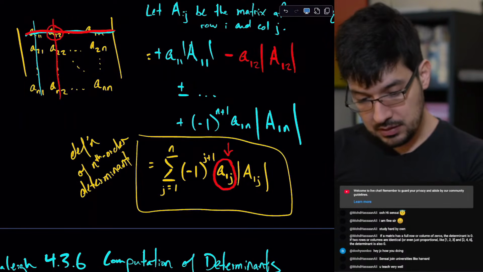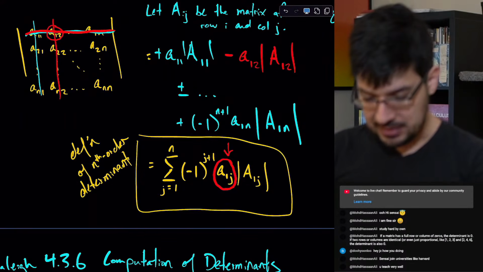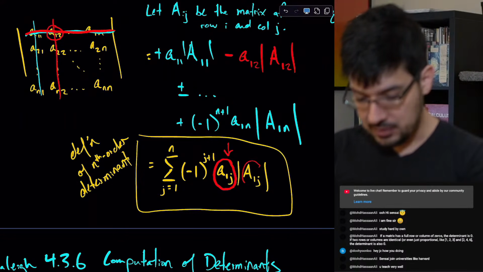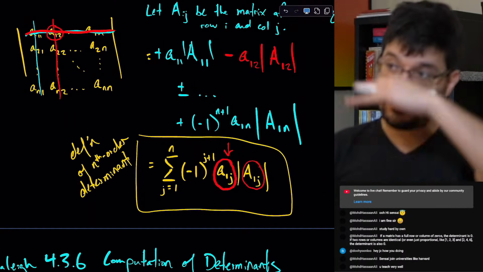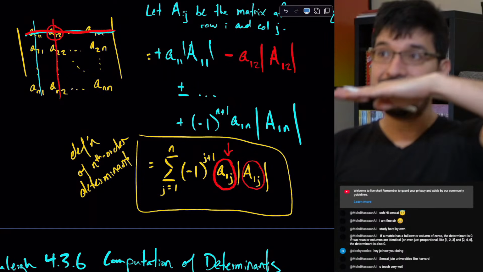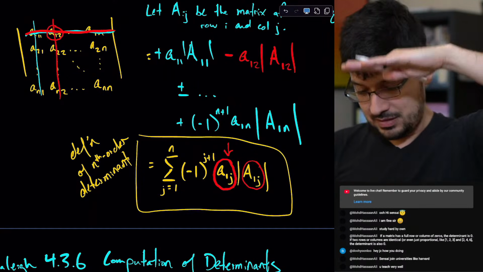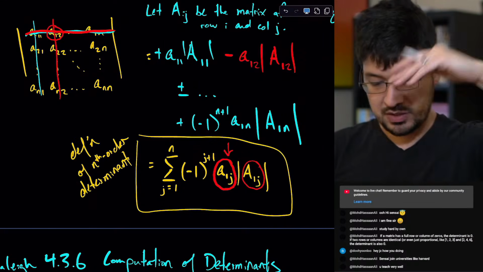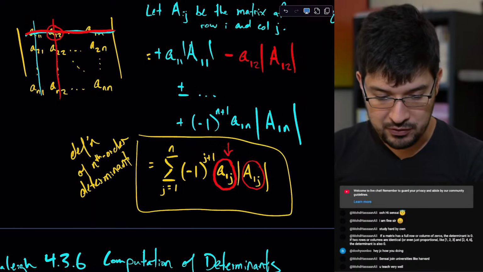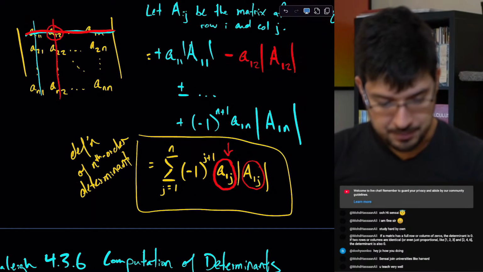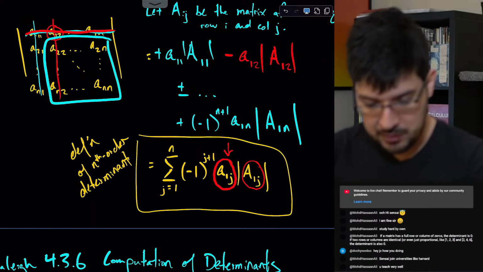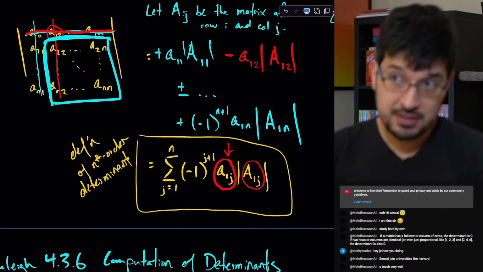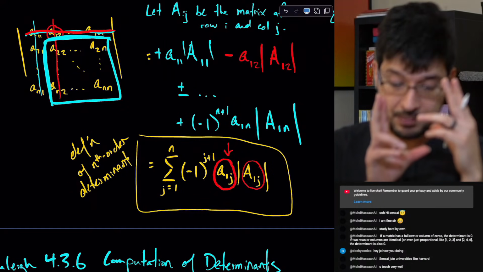But if the first row is not 0, remember that this minor matrix cuts out that first row. When I slice out the first row and first column, we calculate the determinant of this smaller matrix.